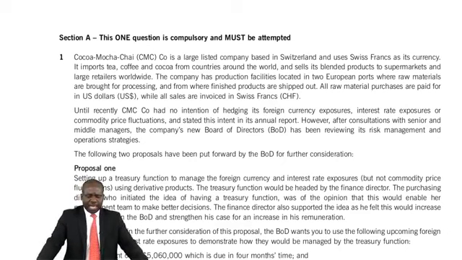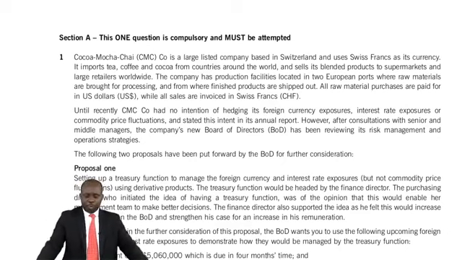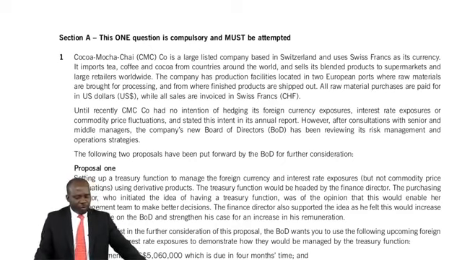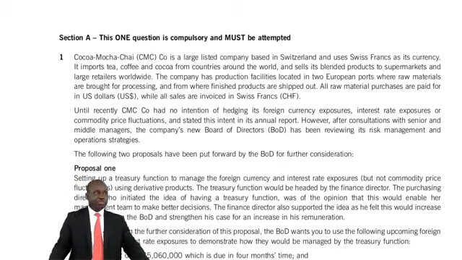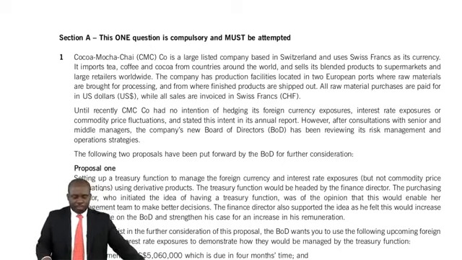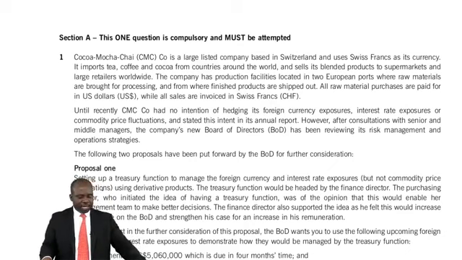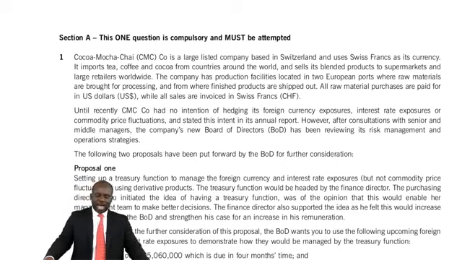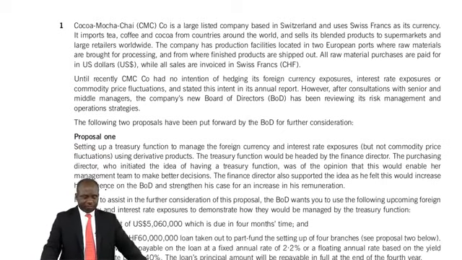The company has production facilities located in 2 European ports where raw materials are brought for processing and from where finished products are shipped out. All raw material purchases are paid for in US dollars, whilst all sales are invoiced in Swiss francs, CHF.